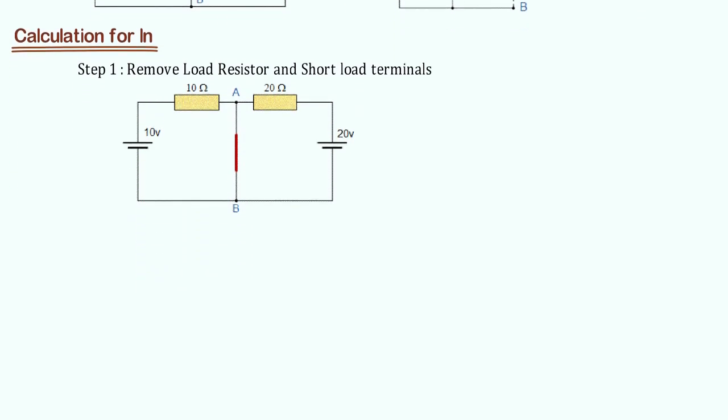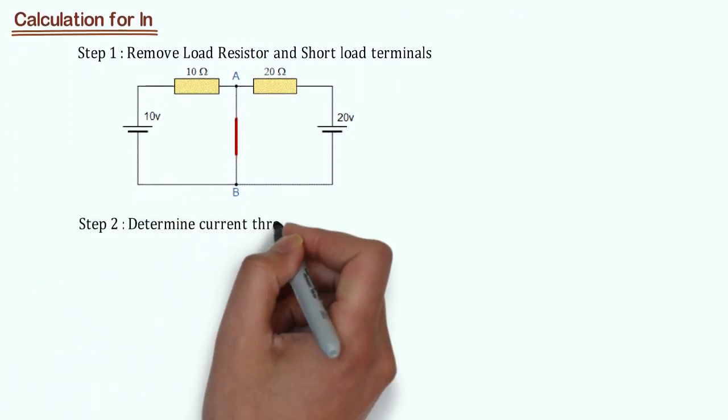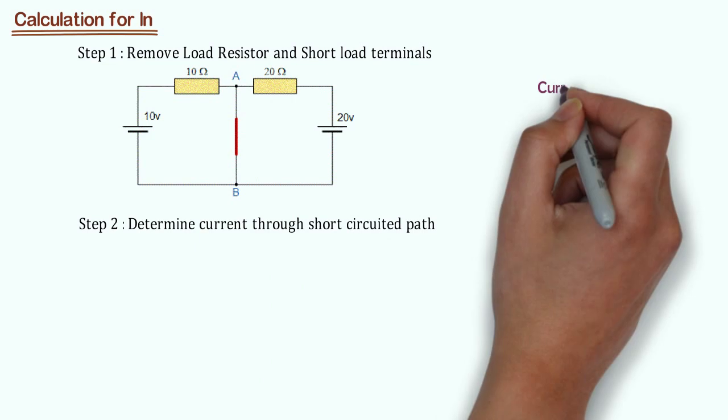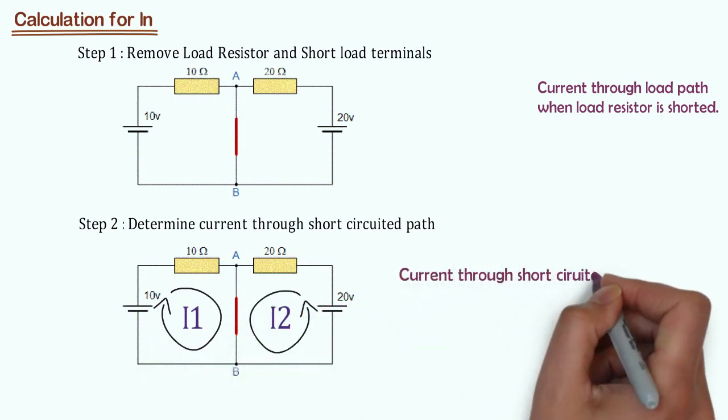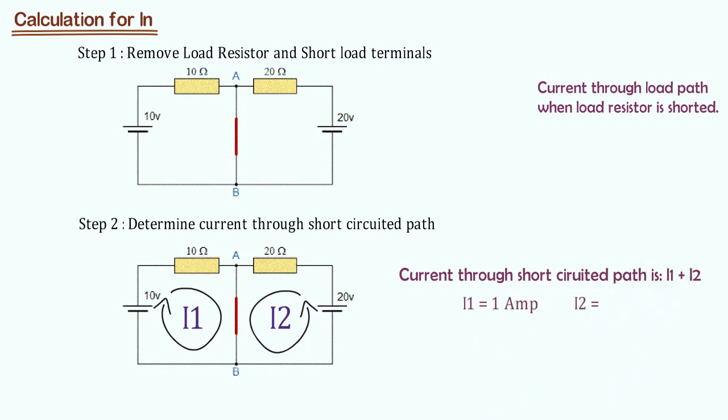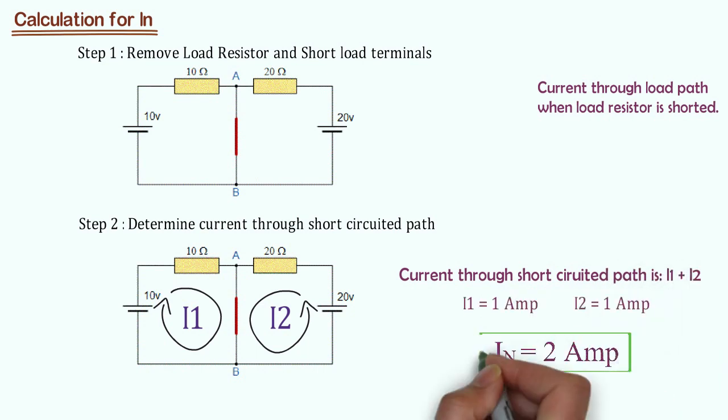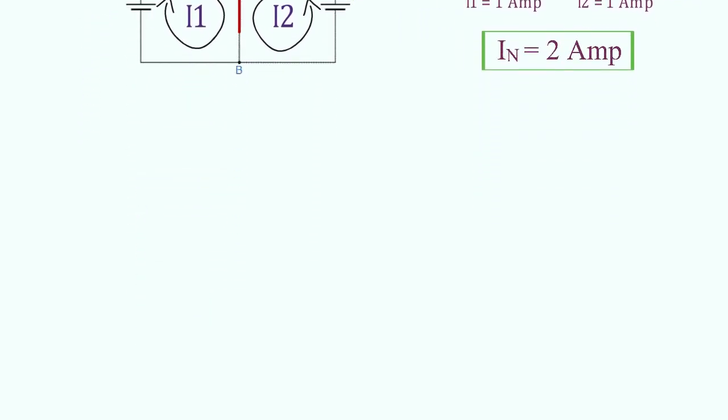In the following step, we need to determine the current through that short-circuited path. In the circuit diagram, two loops can be seen with different values of current I1 and I2. After solving these two loop equations, we get 2 ampere through the short-circuited path. Friends, here we have completed half of the sum.